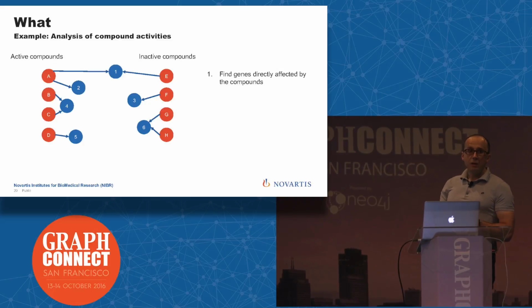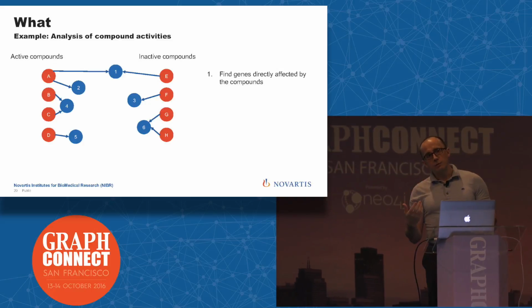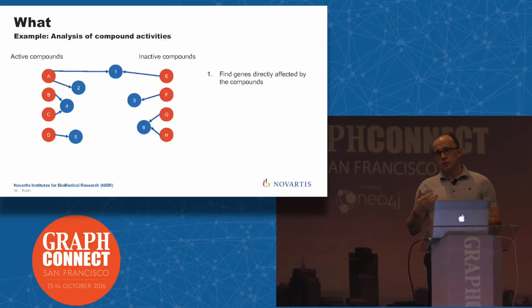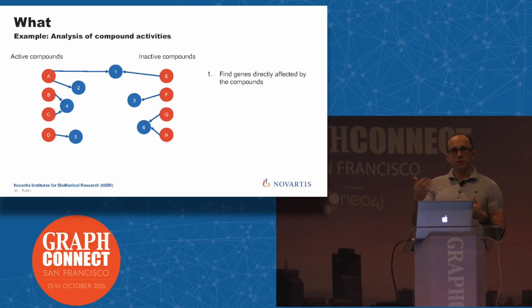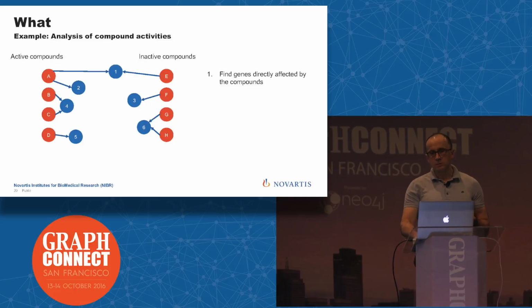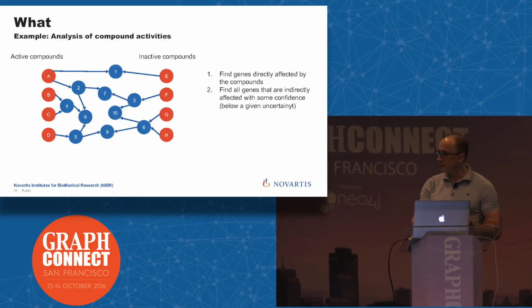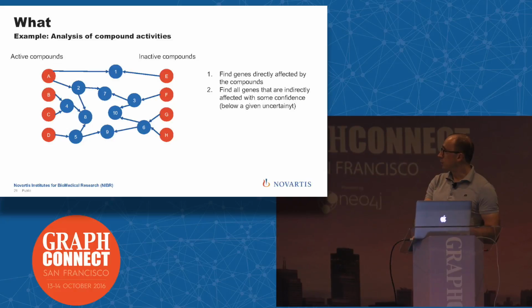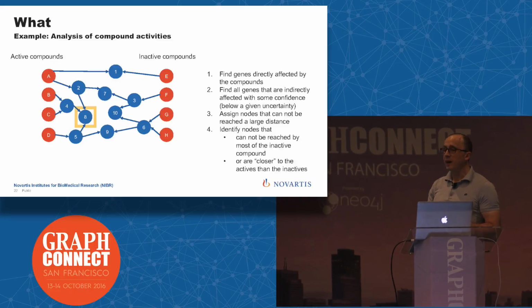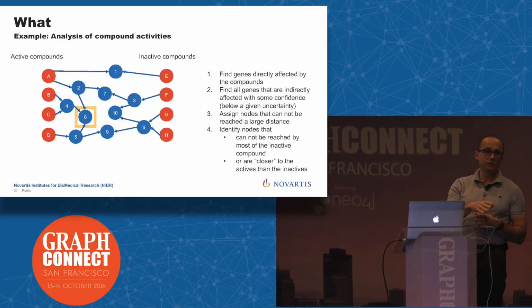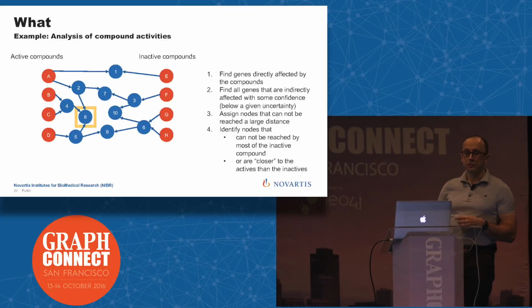But what we can do now is go into the graph and run queries where we are saying, what are all the nodes that we can reach for each active or each inactive compound that is within a certain distance? And this is where the uncertainty comes back. The idea is that we're trying to identify nodes that can be reached from the actives, but not from the inactives, or are much closer to the actives than they are to the inactives.